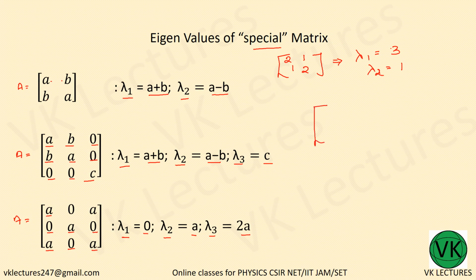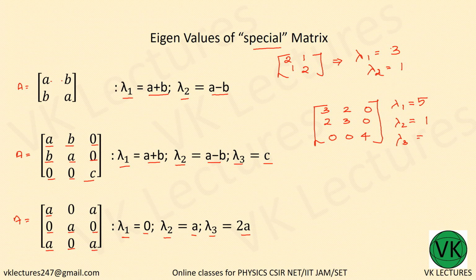Suppose I have the matrix 3 2 0, 2 3 0, 0 0 4. Now how will you find the eigenvalues lambda 1, lambda 2 and lambda 3? Lambda 1 equals a plus b. So this is a, this is b, 2 plus 3, that is 5. Then lambda 2 equals a minus b, that is 1. And lambda 3 equals c. So what is c?